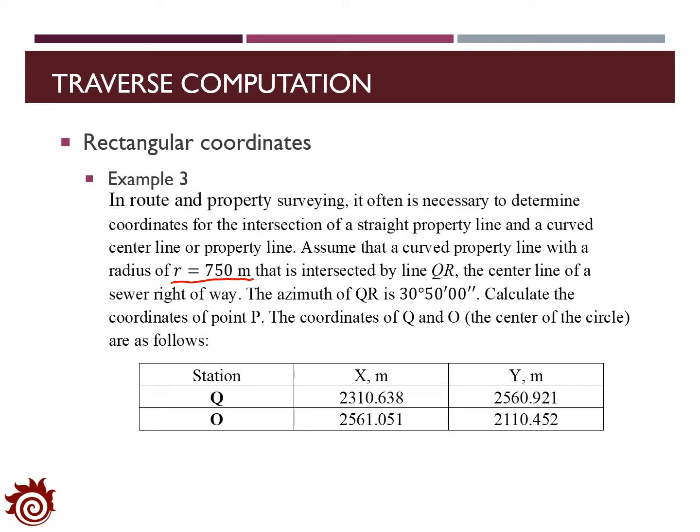The azimuth of the line QR is 30 degrees 50 minutes and 0 seconds. It wants us to find out the coordinates of the point P, which is the intersection of the curve and the straight line. We also have the coordinates of the point Q and O. Here O is the center of the circle.